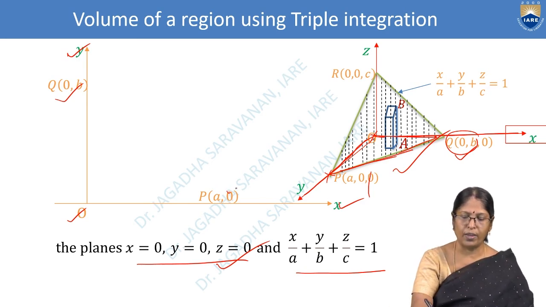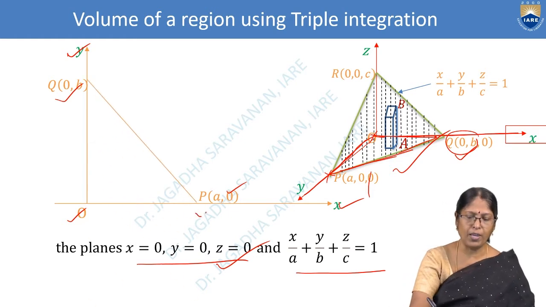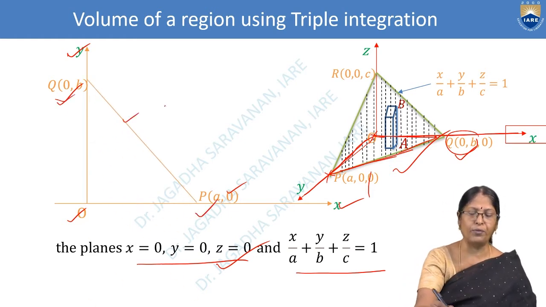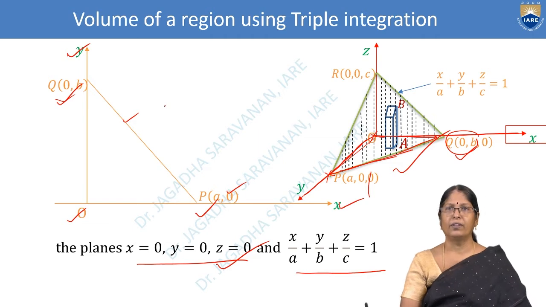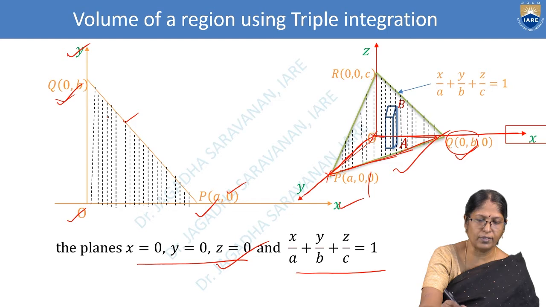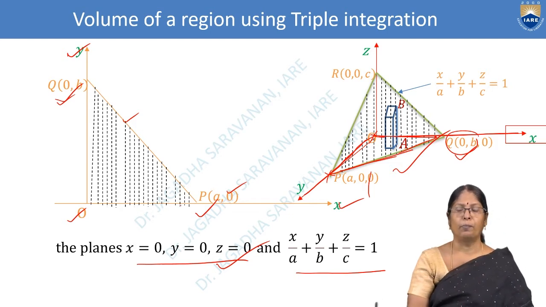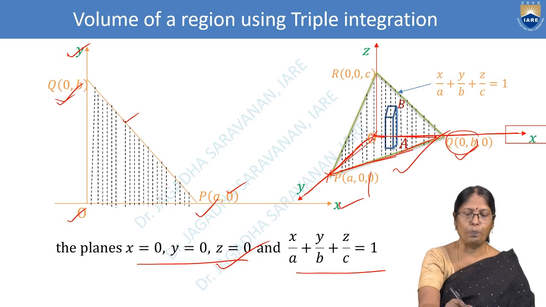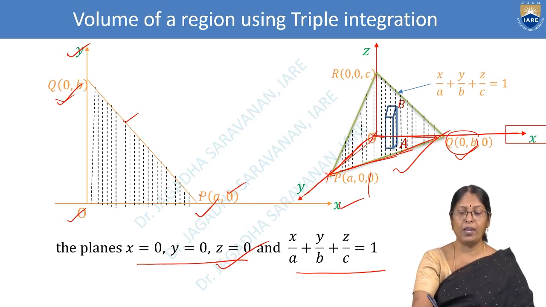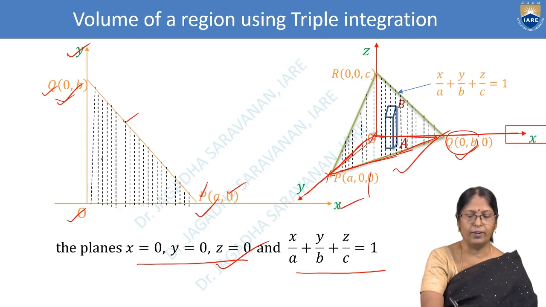So P is (A, 0). Joining these P and Q, we get a line. Now this is the region, the triangle which is formed by this PQ and joining this region.